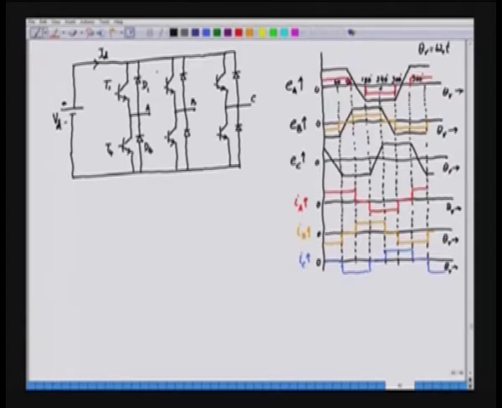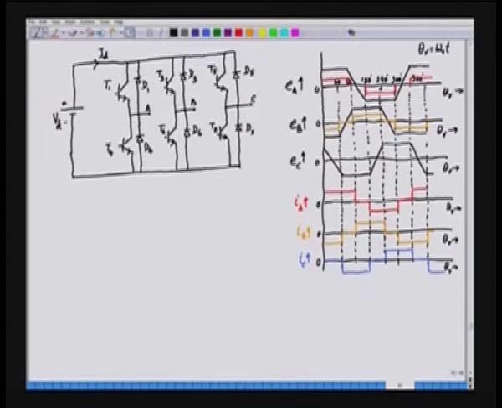This is T3, and the diode is D3, and the transistor here is T6, and the diode here is D6. Here the transistor is T5, the diode is D5, the transistor is T2, and the diode is D2.